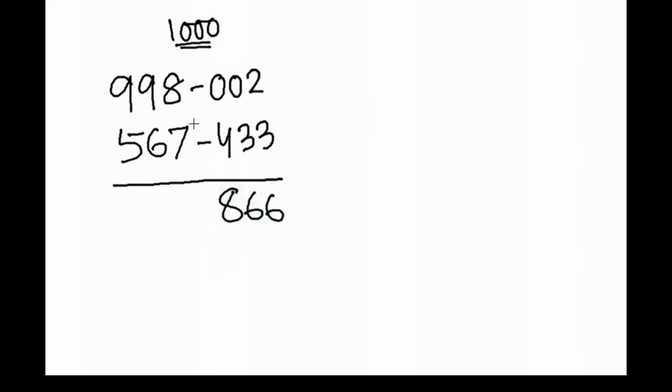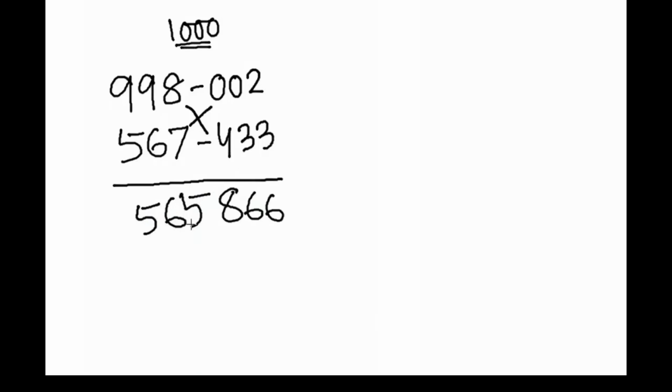Now using our technique we need to multiply the right-hand side numbers, which gives us 866. Here either you do 567 minus 2 or you do 998 minus 433, because anyway it's a very big number to be differentiated, wherever you know the result will come same.